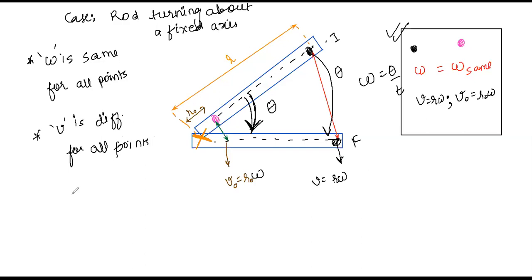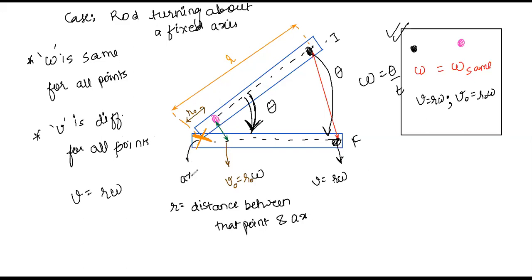V is given as R omega, where R is the distance between that point and the axis of rotation. So this was the axis of rotation, the cross mark.